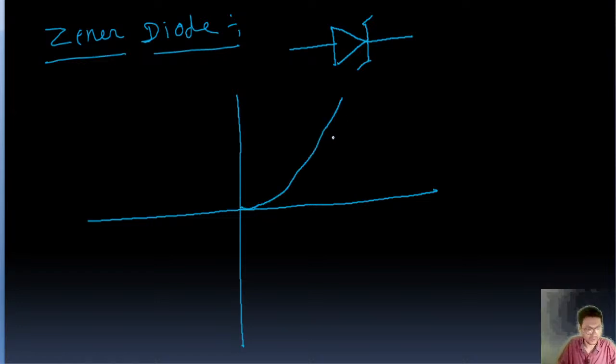In the reverse bias region, the current will be very less, and suddenly the current rapidly increases at a certain voltage.